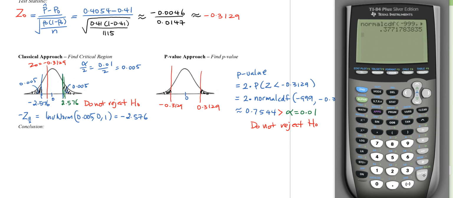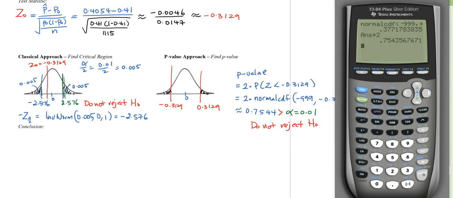So enter. And that is just one of the tails. Well, to get the total probability, or p-value, times 2 for a two-tail test, and that is approximately 0.7544. Right? That is the p-value. So notice that that's how you find critical value and p-value.